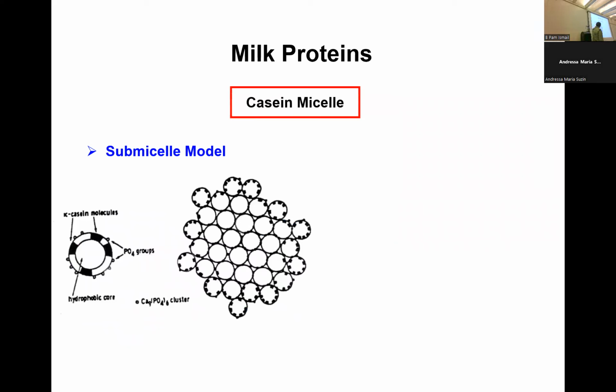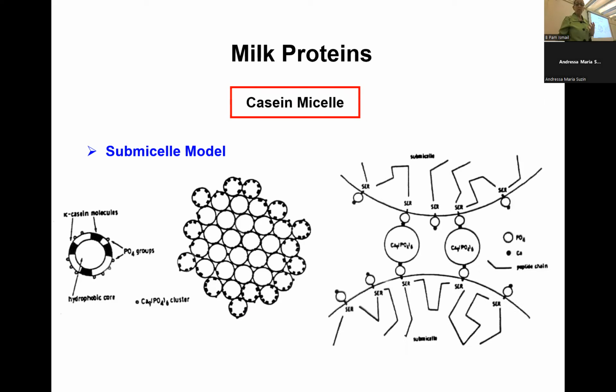So this is another visualization where the black dots are mostly your kappa casein molecules, and those circular little drops are the phosphate groups. You can see that the interior submicelles are linked by these calcium phosphate bridges or clusters.